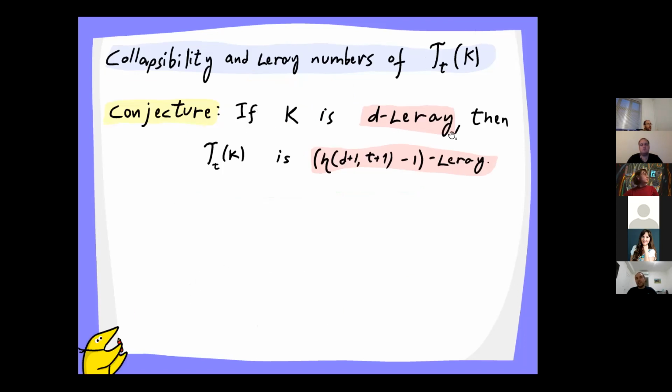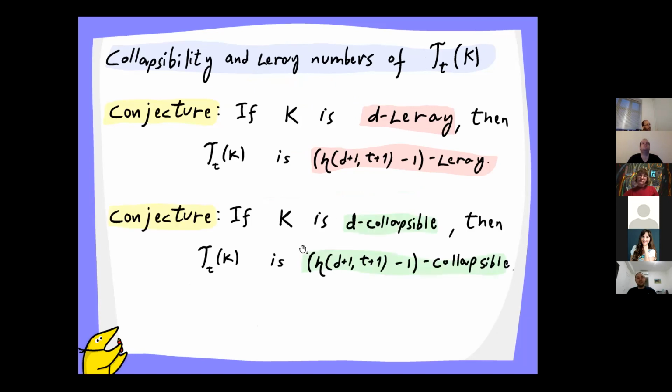If K is d-Leray, then the t-tolerance complex is this number, η − 1, Leray. And if K is d-collapsible, then the t-tolerance complex is η − 1 collapsible.